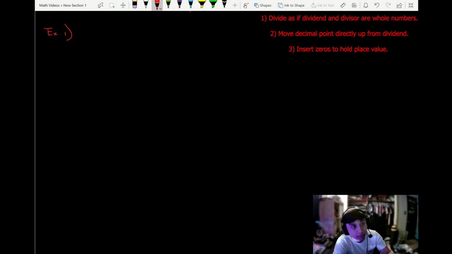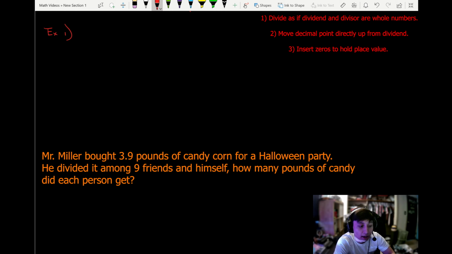So it's a word problem. I'm going to put that on the side as well, somewhere where you can see it. The word problem is: Mr. Miller bought 3.9 pounds of candy corn for a Halloween party. He divided it among 9 friends and himself. How many pounds of candy did each person get?